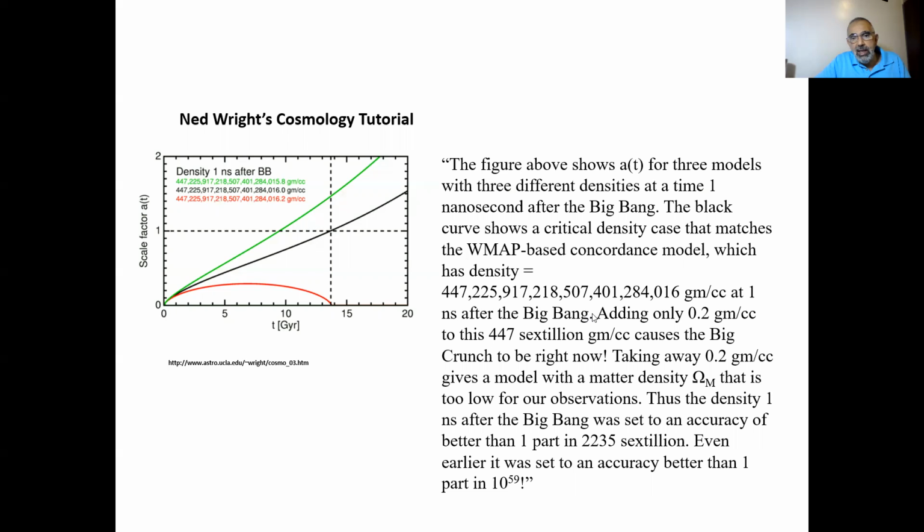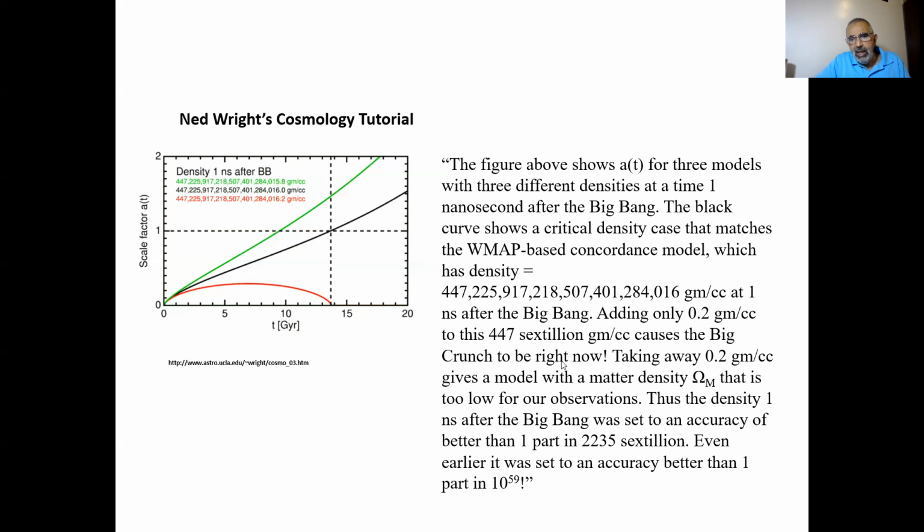The density of the early universe at 1 nanosecond after the Big Bang is estimated to be 447 sextillion grams per cubic centimeter. This would be the precise number right here in black. You can see that that number ends in 16, so 447 sextillion, and so on, 16 grams per cubic centimeter.